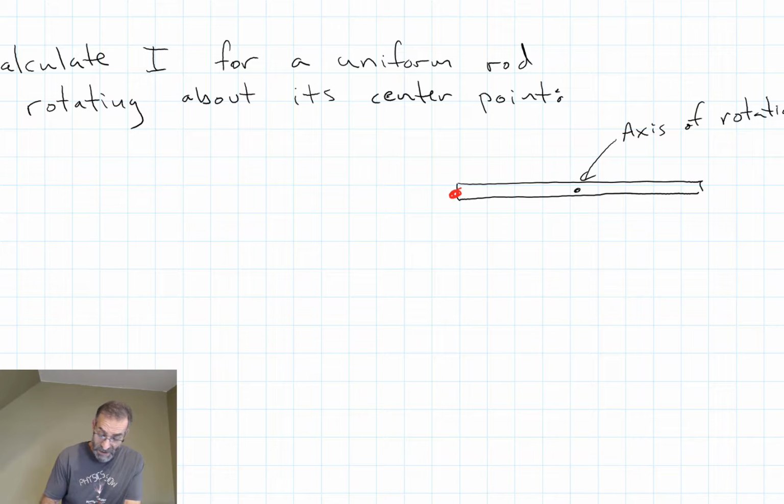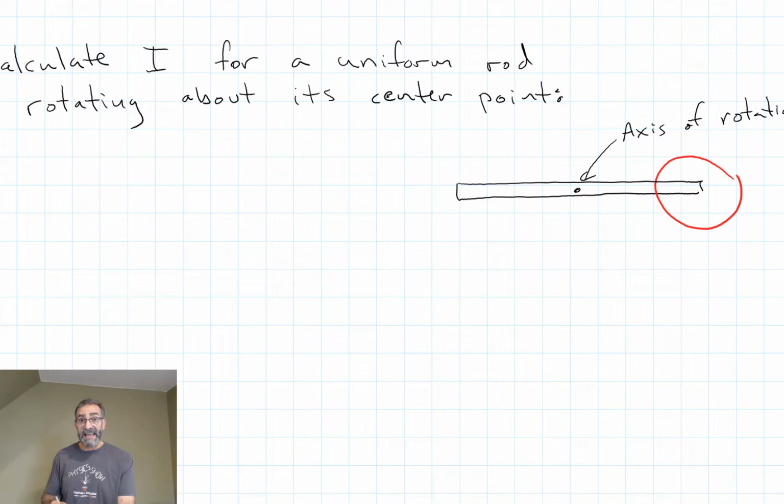And I hope you see that this answer should be less, because the mass is in closer to the axis of rotation. It should be much easier to get this rod rotating and to stop it from rotating than if we're holding it at the end of the rod. When you have all this mass at the end, that really contributes a lot to the rotational inertia because it's got its distance squared.